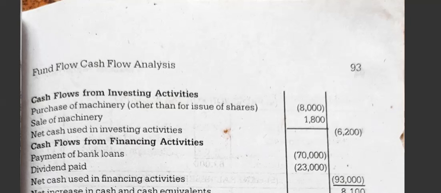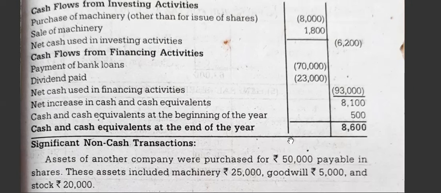Cash flow from investing activities, you will get minus 6,200 because 1,800 is positive, 8,000 is negative. Next comes financing activities. In the financing activities, you will write all the payments, share capital, redemption, all those things. So usually bank loans paid.